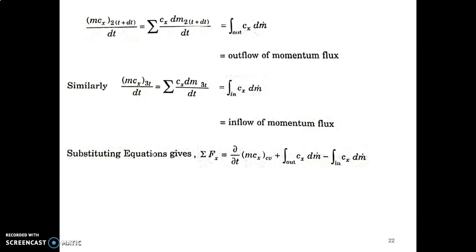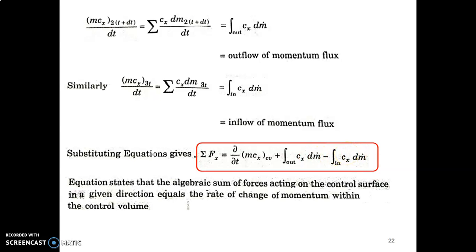After substituting these values, we finally reached an expression like this: sigma Fx is equal to the rate of change of momentum in the control volume plus the rate of change of momentum in the outward flow minus the rate of change of momentum in the inward flow. And this was explained as a statement.